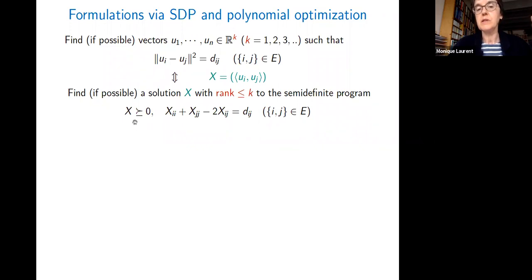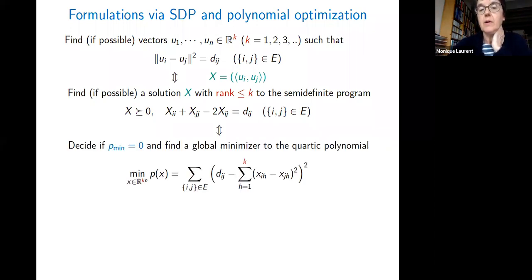So the matrix should be positive semi-definite. And to encode that the vectors you look for should be in k-dimensional space, you translate this by saying you want to find a solution to this SDP which has rank at most k. And as is well known, this is a hard problem, testing existence of feasible solutions of low rank.